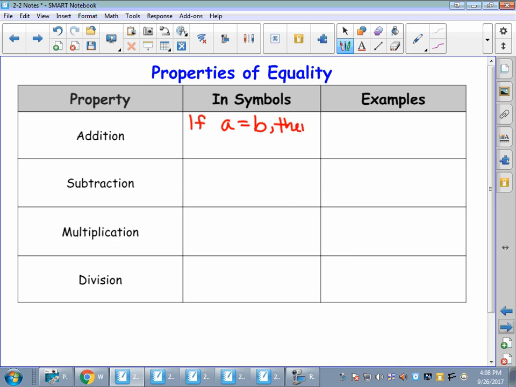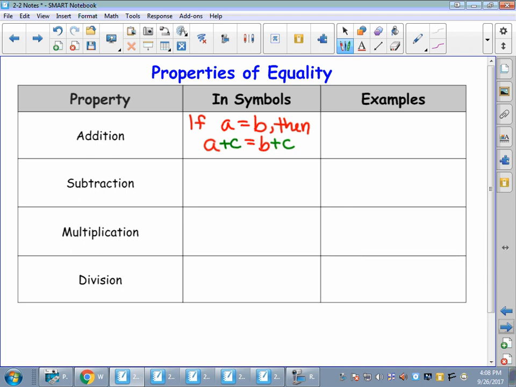Then there may be a C value that if they're balanced, I can add a C value to both sides and it will still be balanced. That's what the addition property of equality says.